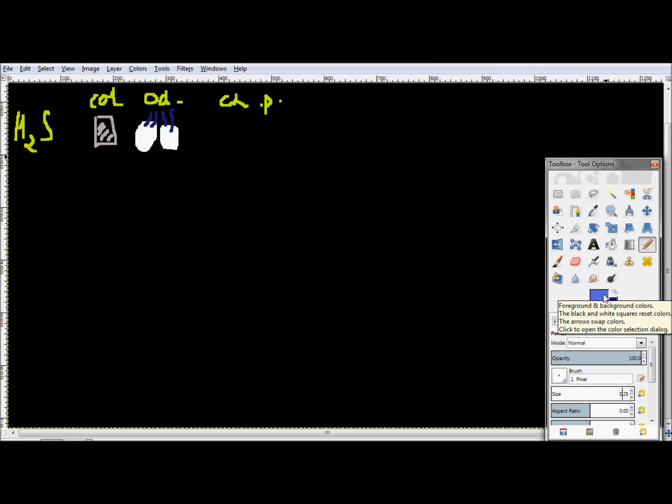Okay, now the chemical properties, acidic again. You can make that out because of the H2S. You see the H over here. Of course you have H2SO4 as well, which is sort of related. So it is indeed an acidic gas. So as you would be very familiar with this now, it will turn moist blue litmus paper to red.